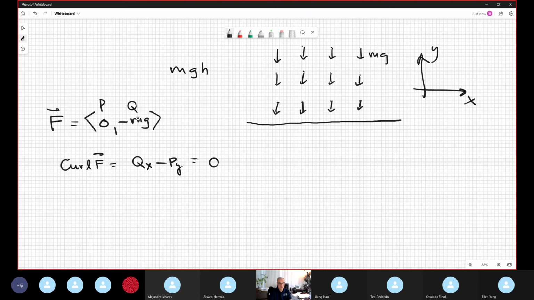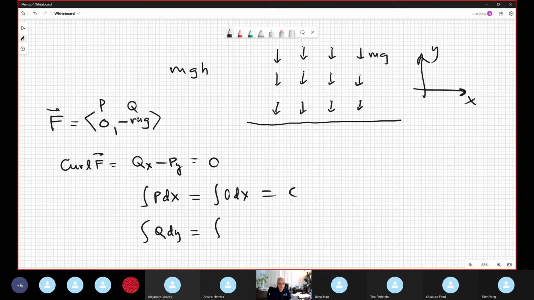And we have the potential function. The potential function is, when you integrate, for example, the antiderivative of P with respect to x, and the antiderivative of Q with respect to y. But P is 0. The antiderivative of 0 dx is a constant, or the constant that I don't care about.